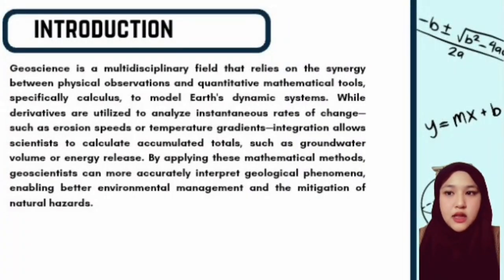Geoscience is a multidisciplinary field that relies on the synergy between physical observation and quantitative mathematical tools, specifically calculus, to model Earth's dynamic systems. Derivatives are utilized to analyze instantaneous rates of change, such as erosion speed or temperature gradient.